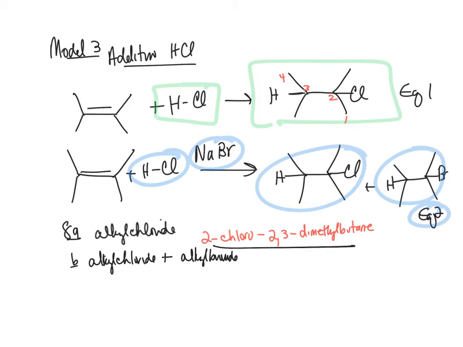We have the one here, and then we can also say we have 2-bromo-2,3-dimethylbutane. All right, C. Describe what is different between equation 1 and equation 2. Well, in equation 2, we also have a source of bromide ions, because you're adding sodium bromide.